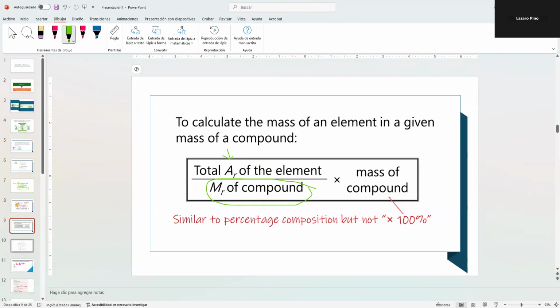And then we divide this by the molar mass of the compound, and we multiply by 100, the percentage we consider for the compound. And this is a way we can calculate the percent, for example, in this case, of A in a specific compound.